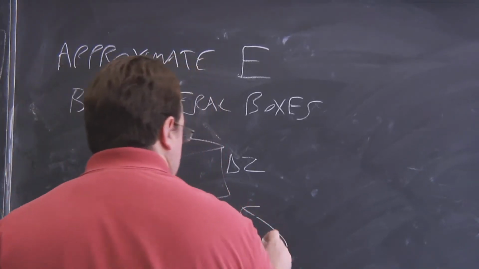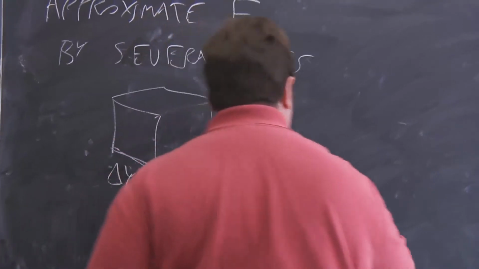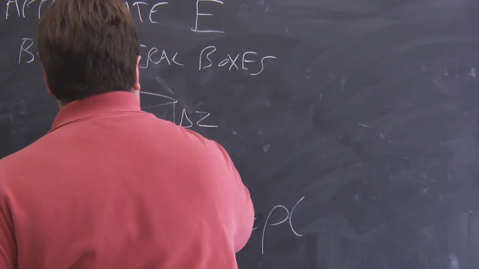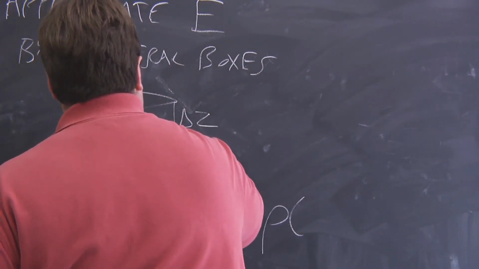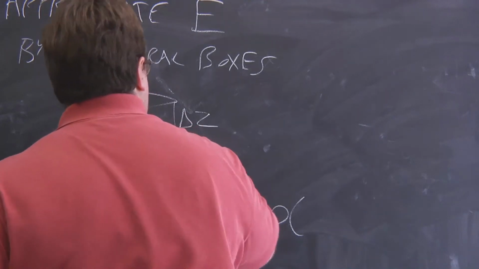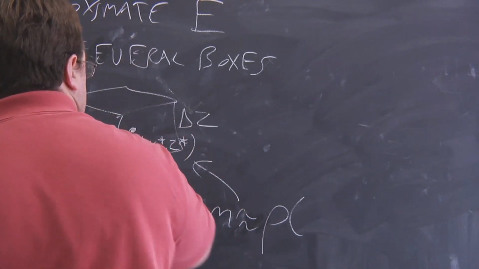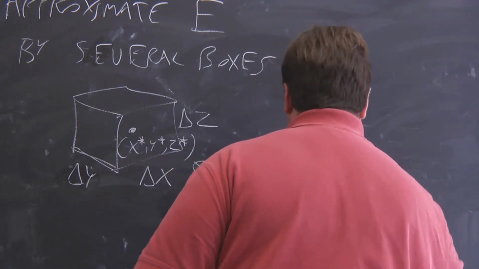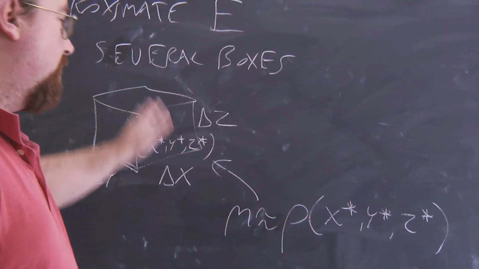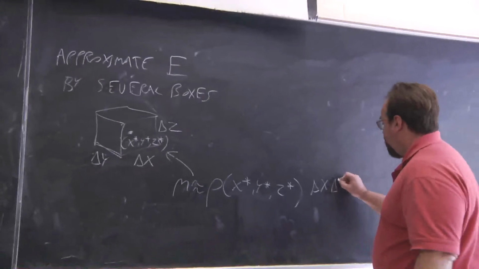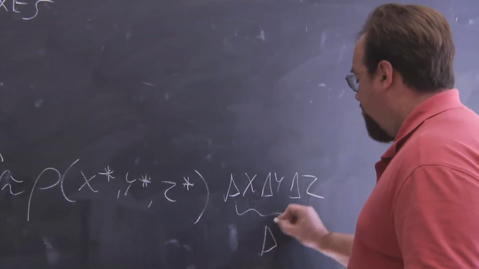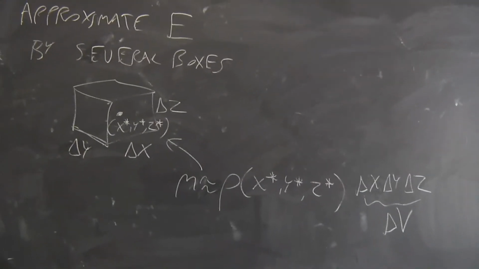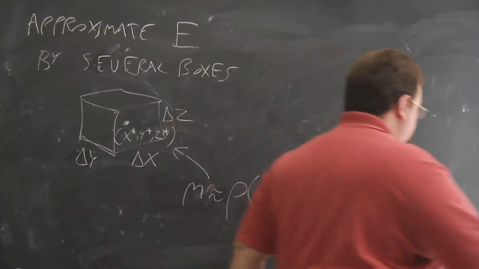The mass of each box is going to be approximated by the density evaluated at a certain point in the box, which I'll call x star, y star, z star, times the volume of a box, which in this case is simple, it's just delta x, delta y, delta z, and we'll call that delta V. That'll be the volume of each one of these individual boxes.